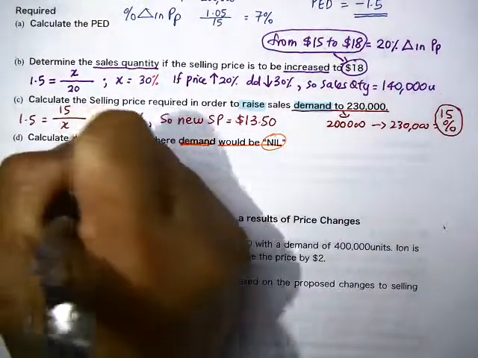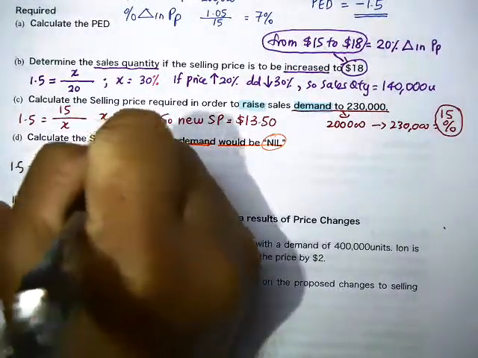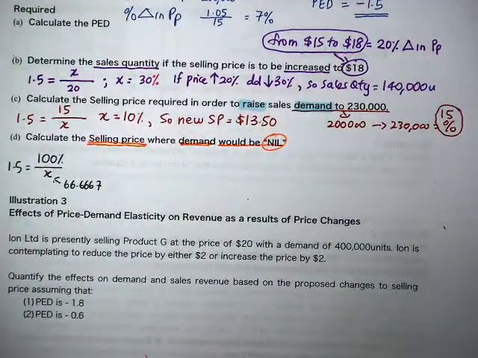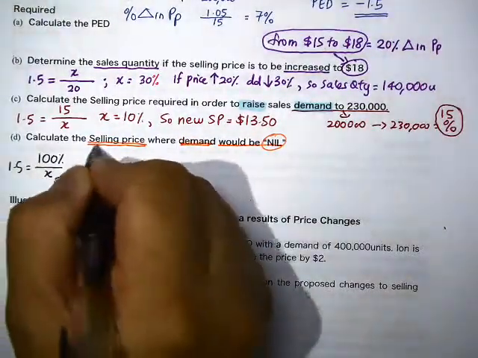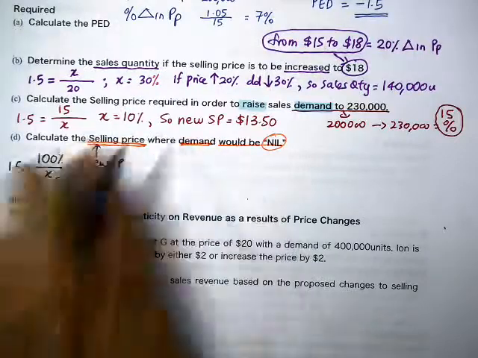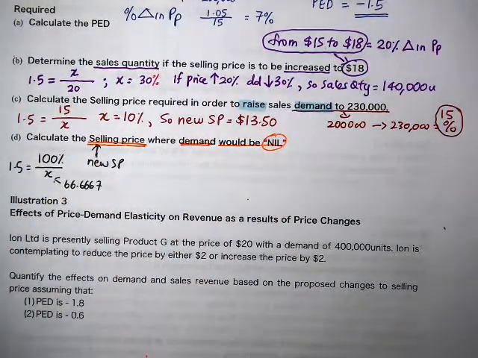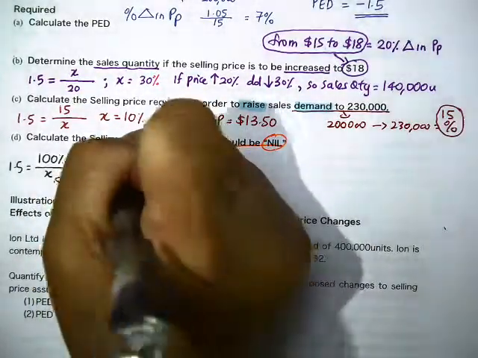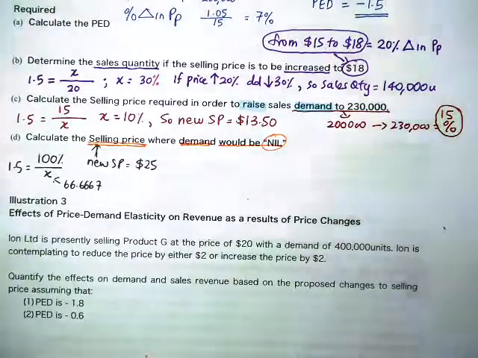So if your price goes up by 66.67% from 15, it becomes 25.